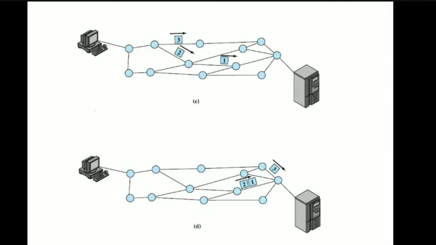But in some other datagram networks, the exit node is not responsible for this. The destination itself is going to do this kind of reordering.